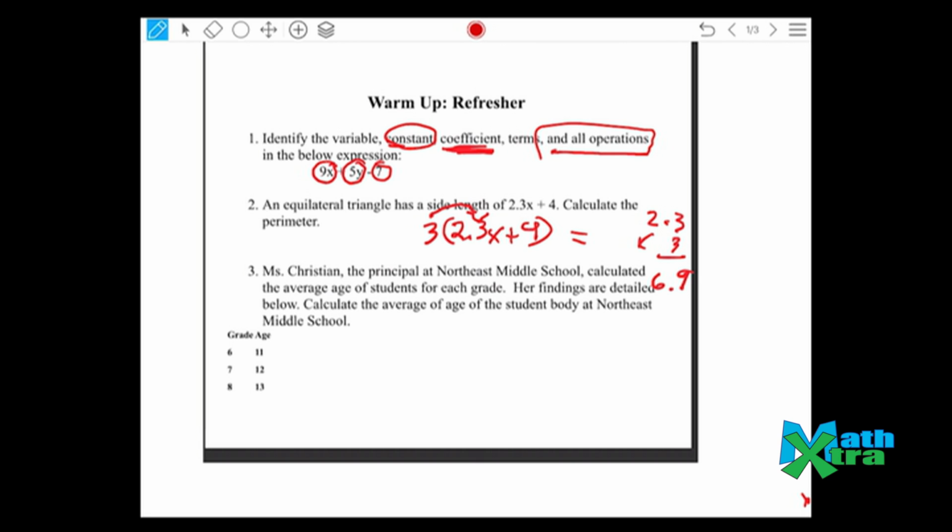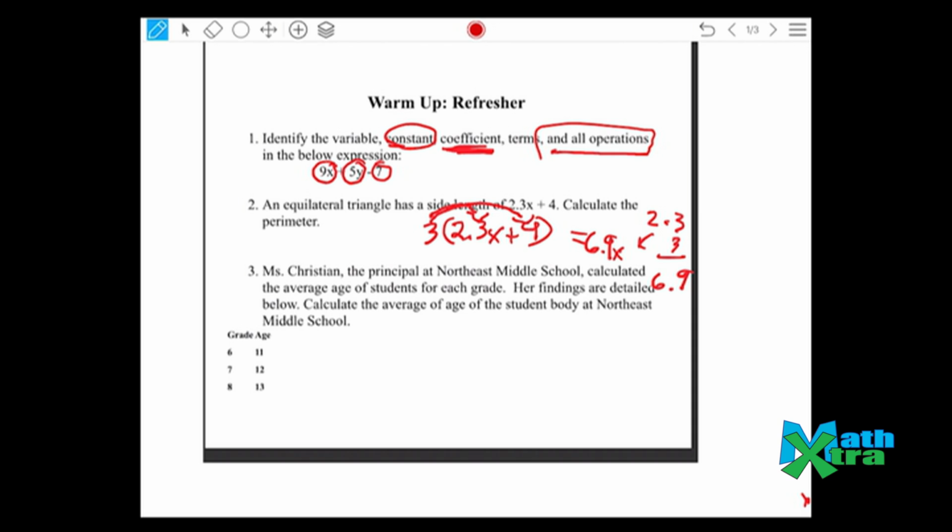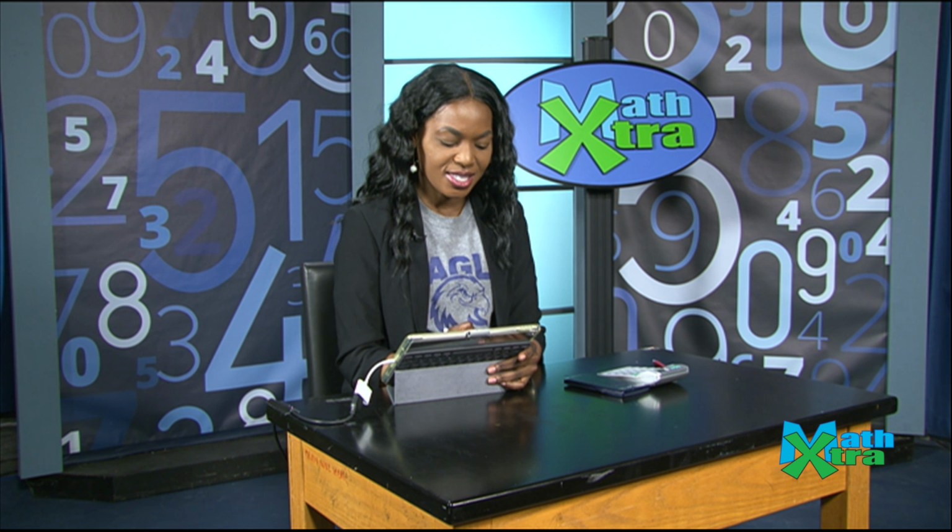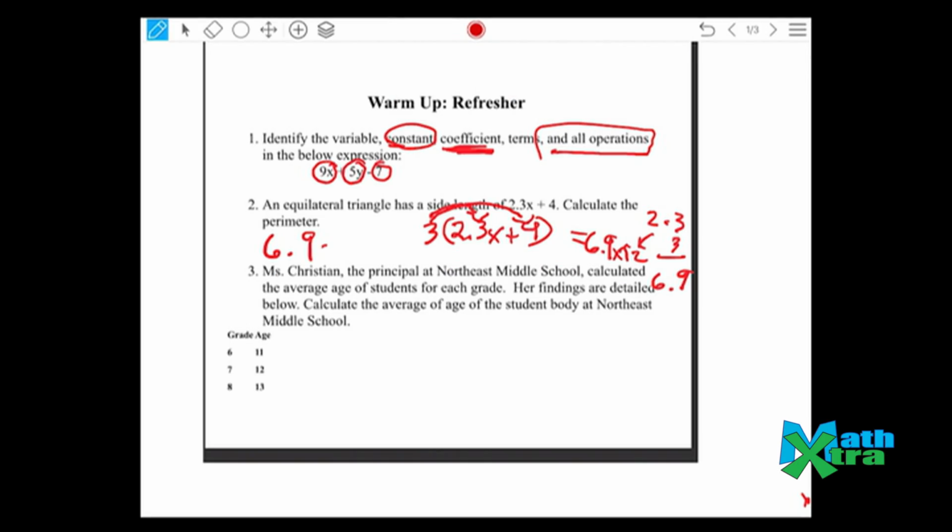We have 6 9/10 as the answer. And actually it's 6 9/10 x. Now we have 3 times 4, which is 12. So let's write that a little bit neater. Our final answer, which is the perimeter of the triangle, specifically equilateral triangle, is 6 9/10 x plus 12.